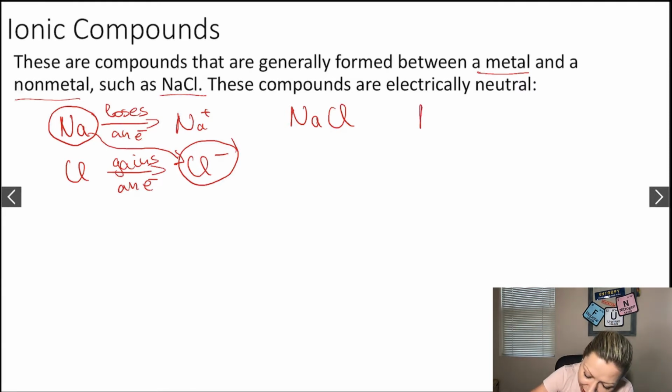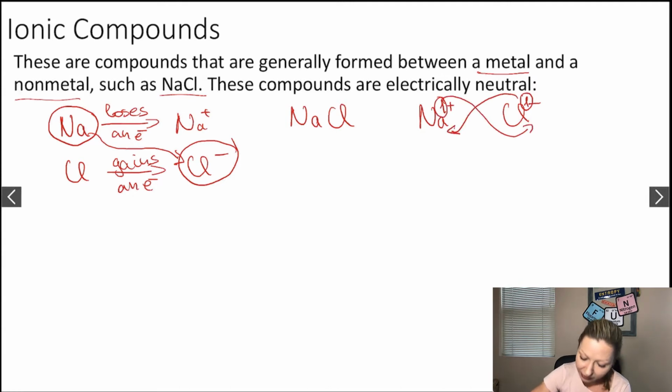We can write out the metal ion and the nonmetal ion and use their charges as subscripts in the formula. Okay, so Na1, Cl1. That would be NaCl. We just do not write the 1. Let me give you another example.